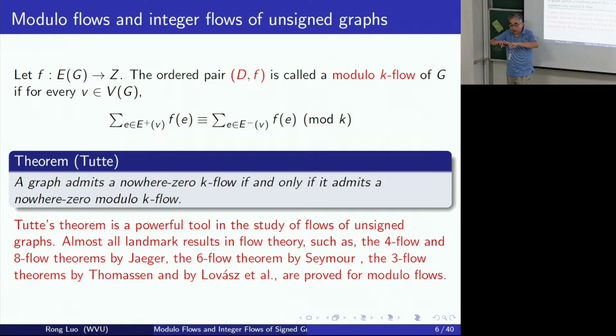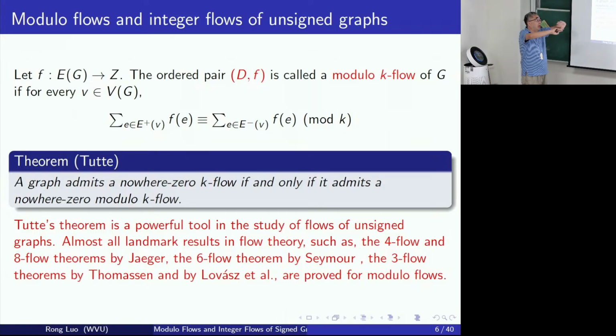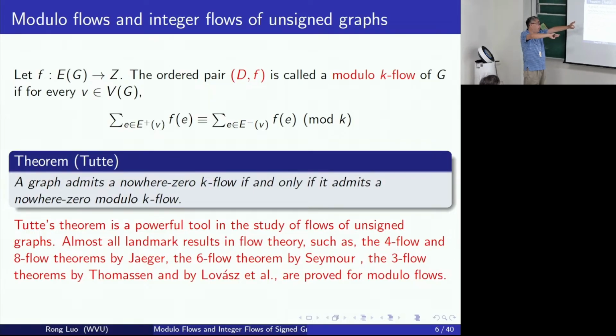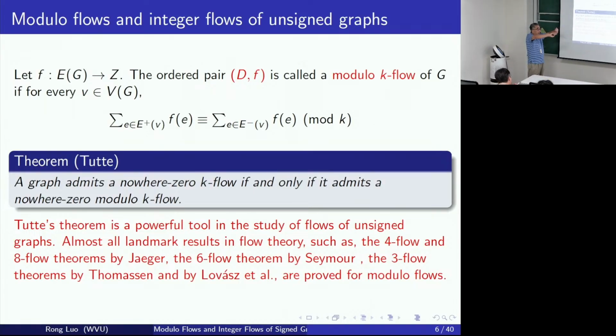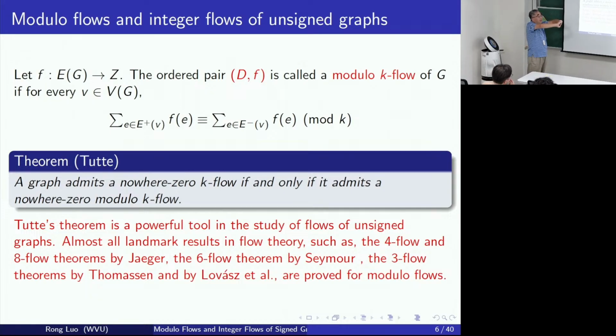The advantage of modular flow is, when you look at flows, usually we look at subgraphs. Suppose this subgraph has a flow F1, and this subgraph has F2. If they can cover the whole graph, we can add those two flows together. Once we add them together, for integer flows you have to be careful: the total flow value should not be bigger than k minus 1.